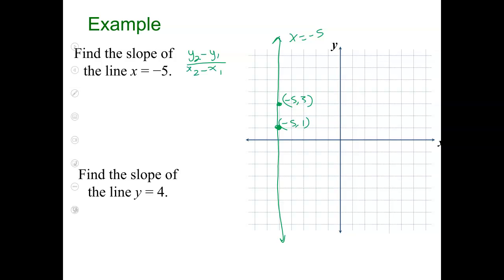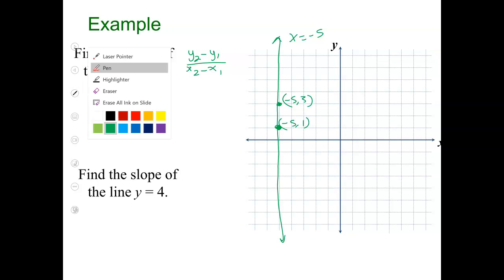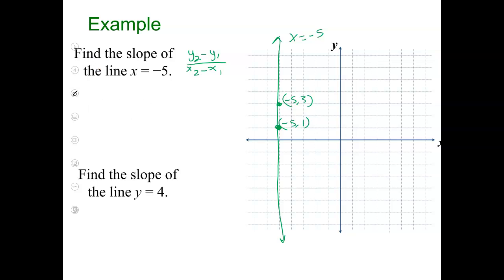Which one do we want to be point 1? Does it matter? Nope, just pick. Do you want the y value of 3 or the y value of 1 to be point 1? 3. 3 is point 1 and that one's point 2.